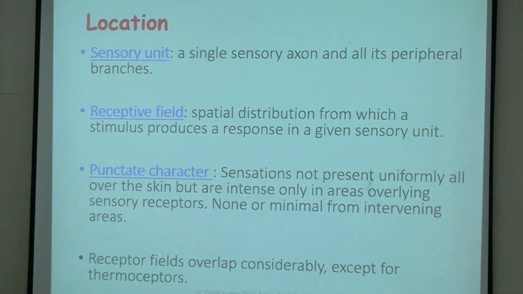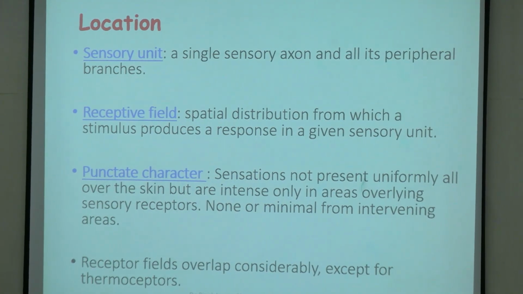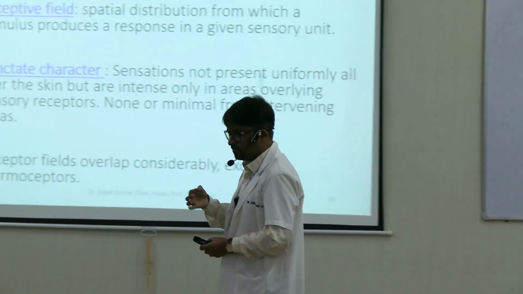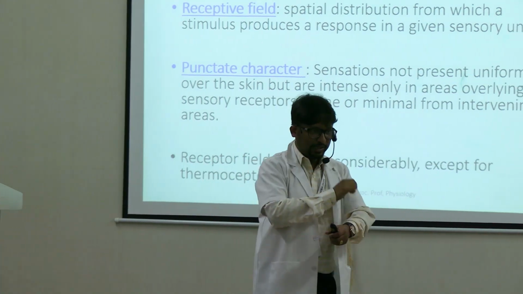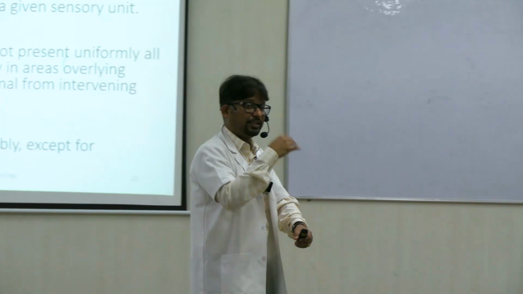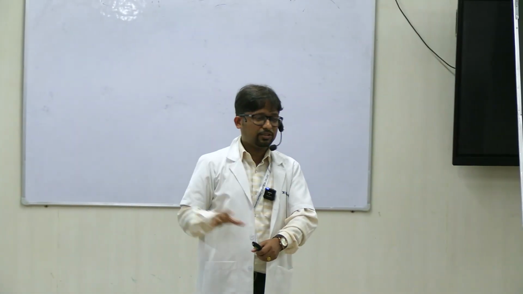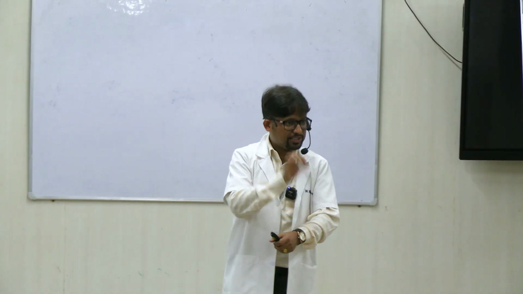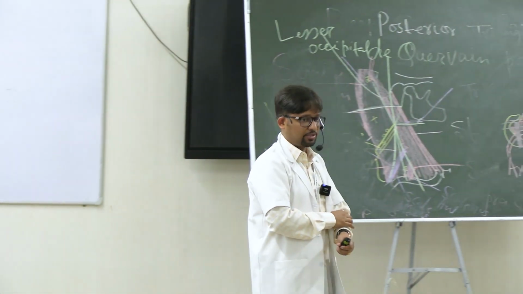What is the punctate character of sensation? If you map the entire body using a very fine strand of hair, millimeter by millimeter, you will find that at each point where you have a touch receptor, you appreciate the stimulus. But this is not a continuous thing. Adjacent to this, you will have intervening areas where even if you put a stimulus, there is no response.